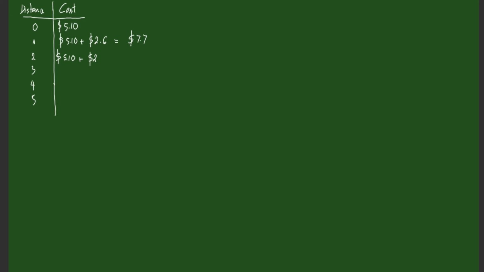So 2.6 times 2, and if you calculate, that will give you $10 and 30 cents. For 3 miles you do the same thing, but multiply by 3. Then if you use a calculator, you have $12 and 90 cents. For 4 miles you multiply by 4.